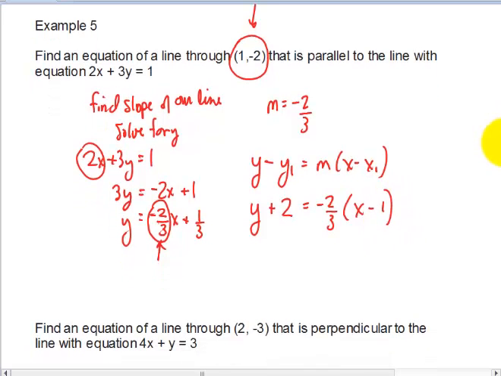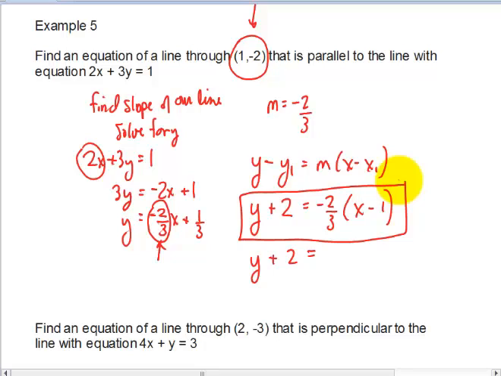Now if I want to put this in slope-intercept form, I would have to distribute the 2/3. So this would be okay if I asked for point slope form. If I asked for slope-intercept, you would have to do a little more work. You would have to subtract the 2 over.